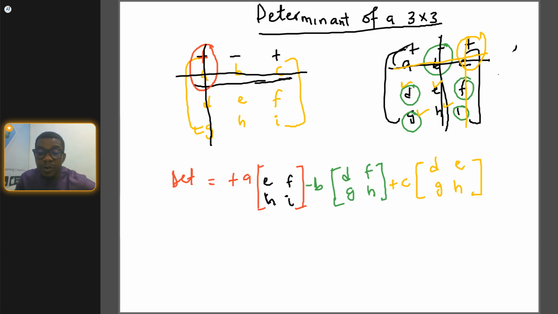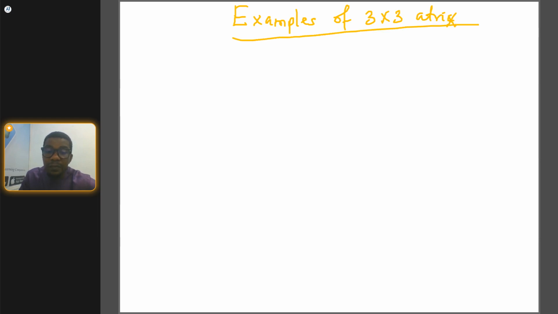Let's take a numerical example to explain that. Example of a 3 by 3 matrix.